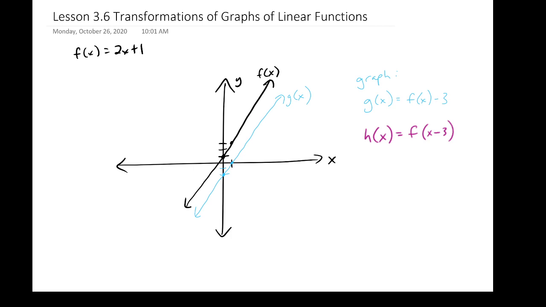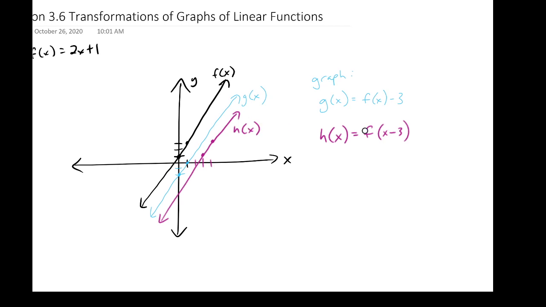We're going to go right by 3 units: 1, 2, 3. And when we create this graph, again, it's up 2 over 1. This is the graph of the h of x.